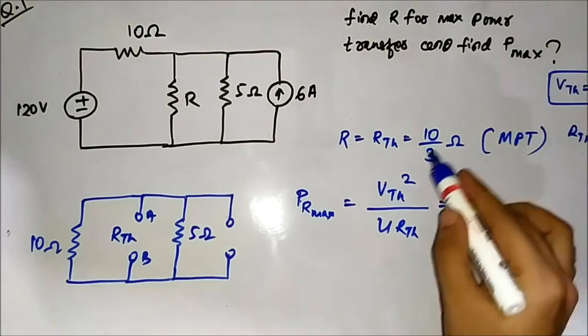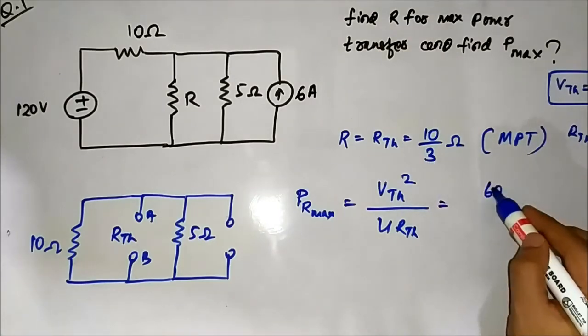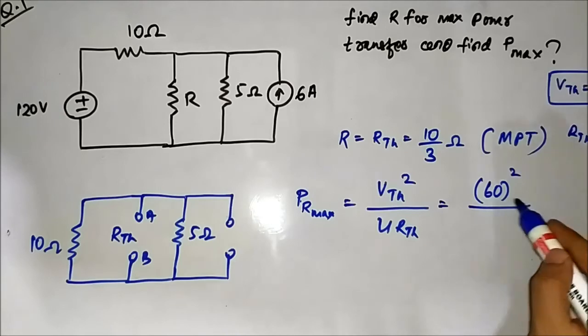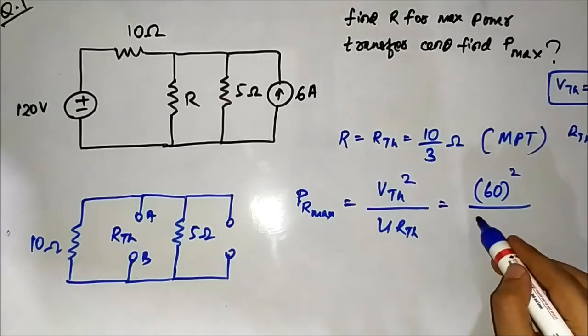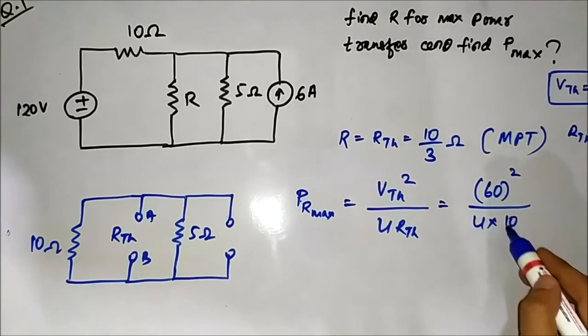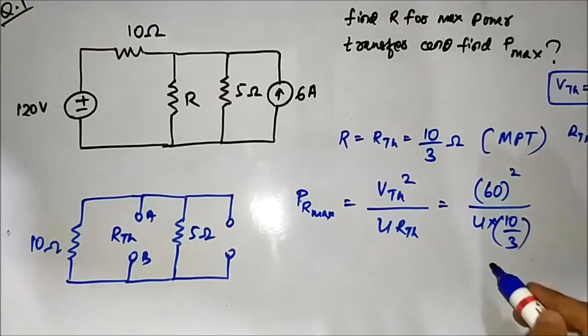So that is equal to VTH square, 60 square by 4 into RTH, that is 4 into 10 by 3. So let us calculate how much it is coming. Okay, 60 square divided by 4 RTH, which is coming 270 watts.